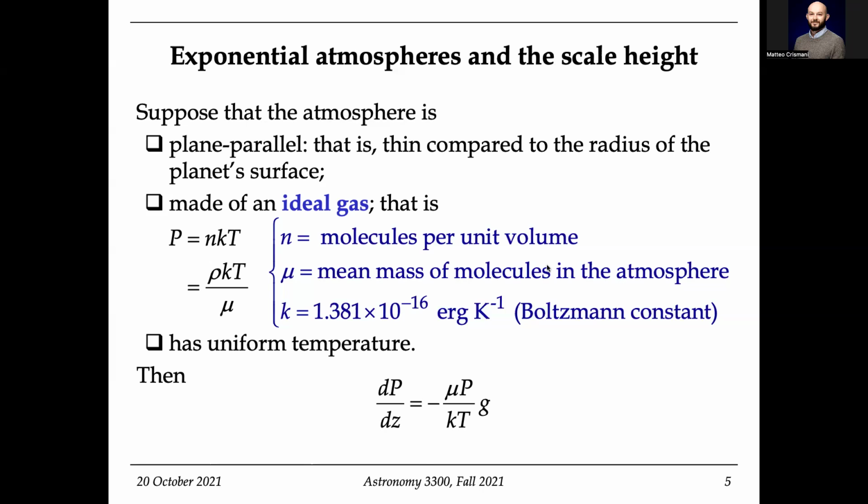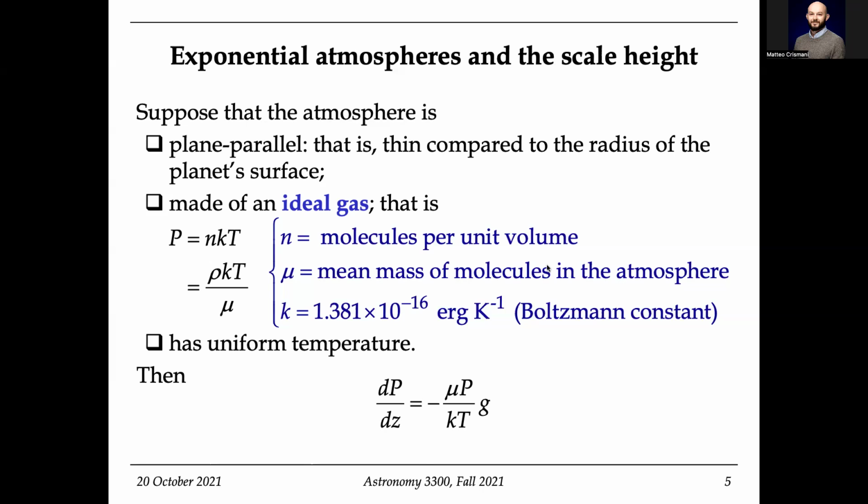Negative rho G is dP over dz. Sorry, pressure. Okay.